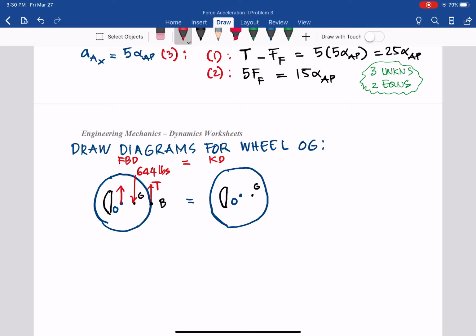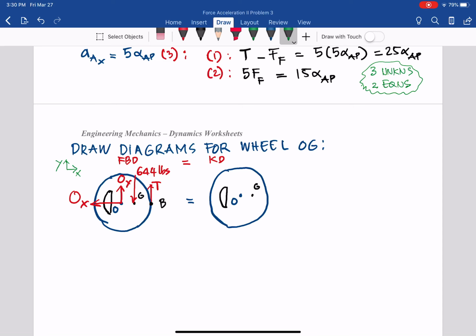We have OX and OY, so you can assume OY, and then we have OX. Of course, you can assume it goes to the right, not a big deal. Unknowns, we can assume whatever.